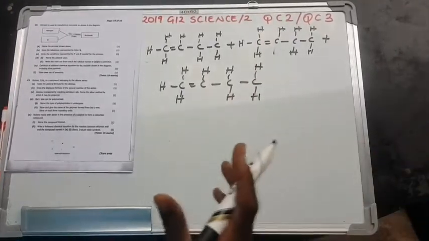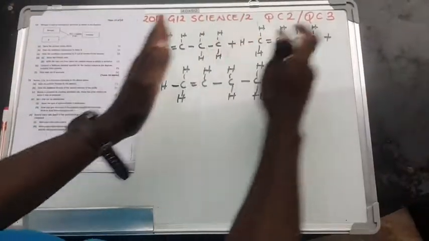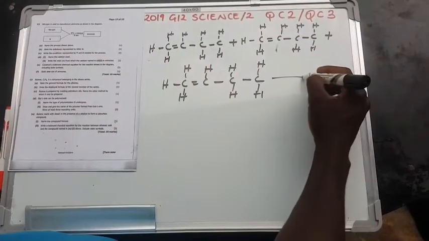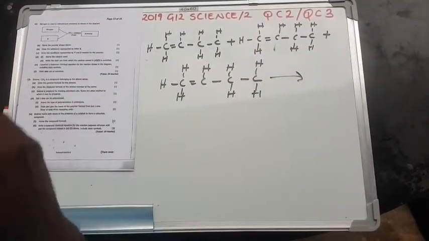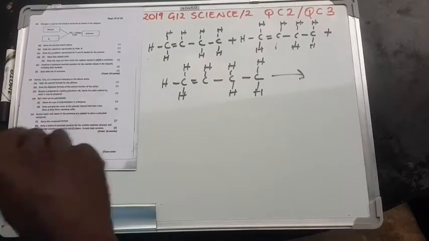So we've got 3 repeating units, 1, 2, and 3.